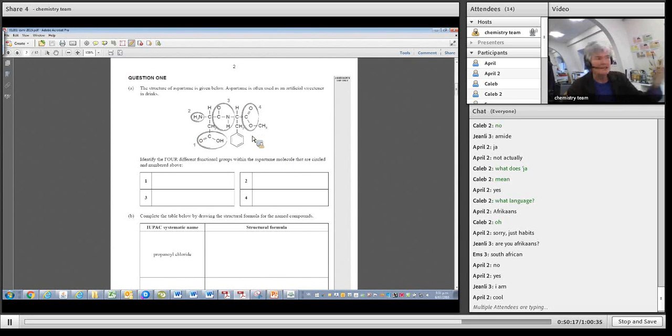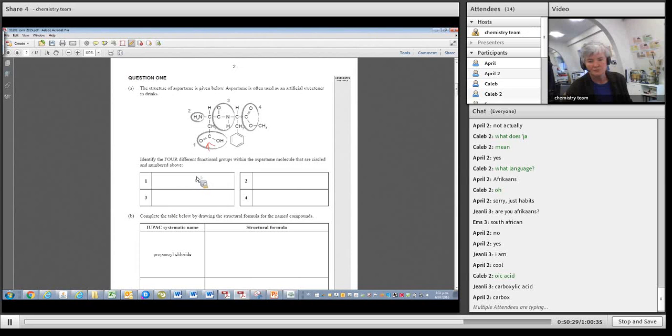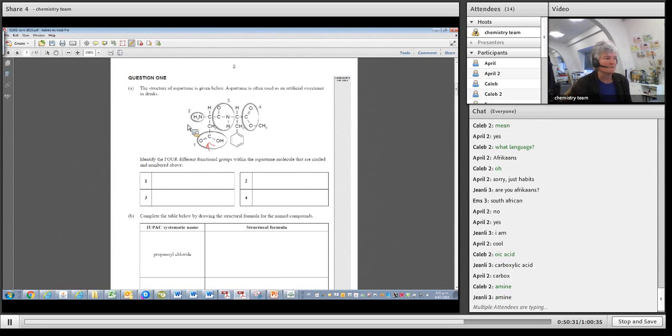Okay, here they give you aspartame and they basically ask you for functional groups. What is this functional group, number 1? Carboxylic acid. What is number 2? An amine, correct. What is number 3? An amide.